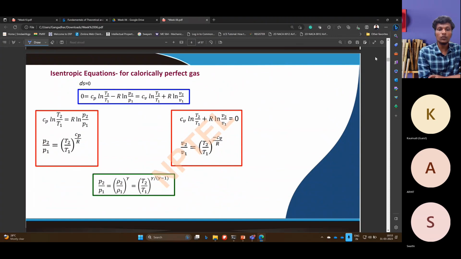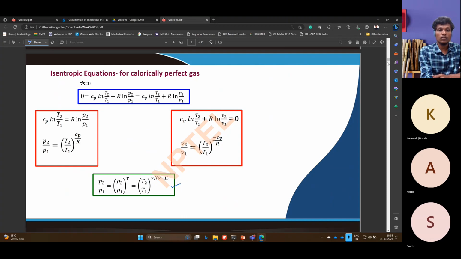Then there is a key relation that we always use for conditions with no heat transfer, like in free stream flow, before the shock wave and after the shock wave. We can apply this kind of relation and find the properties at that particular point based on 1 and 2.